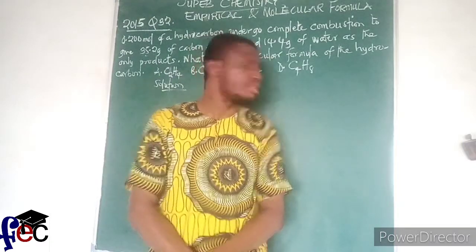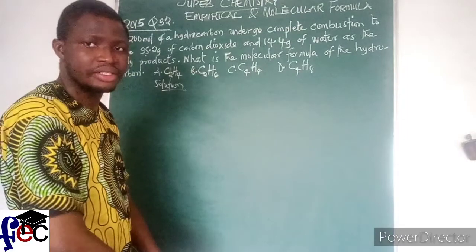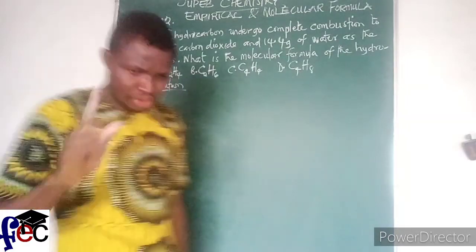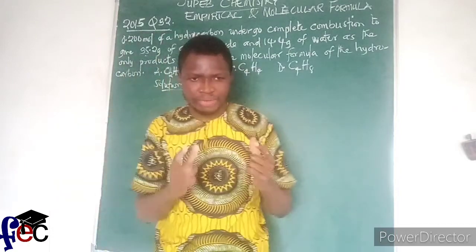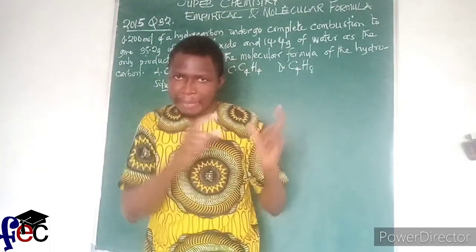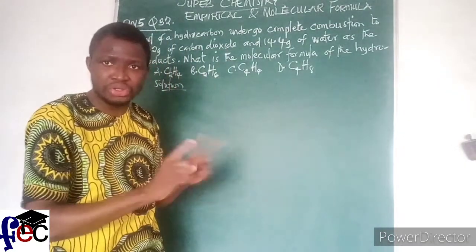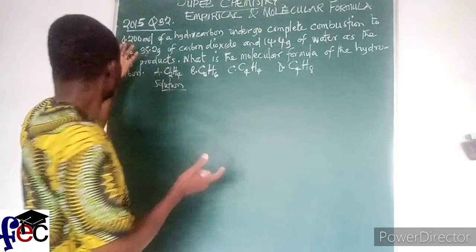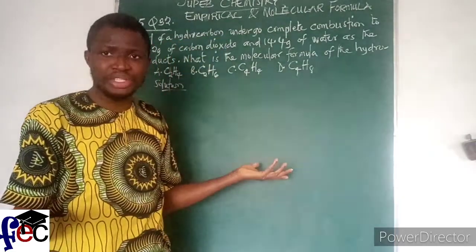If I don't know the empirical formula, it will be difficult to get the molecular formula. Do you understand now? So how do I get the empirical formula of this compound? Don't forget I said, to get the empirical formula, either we make use of percentage composition of the elements that make up that compound. When we look at the question, were we given percentage composition? No. 0.200 mole of the hydrocarbon was what we have been given.